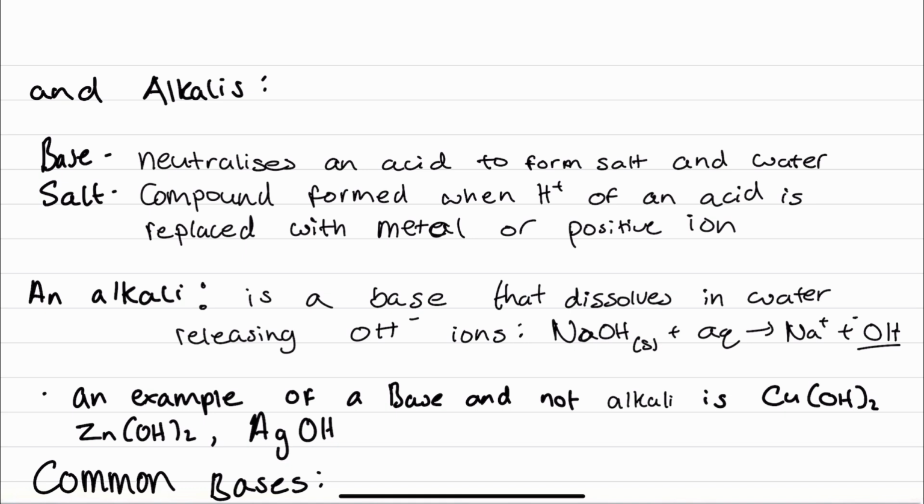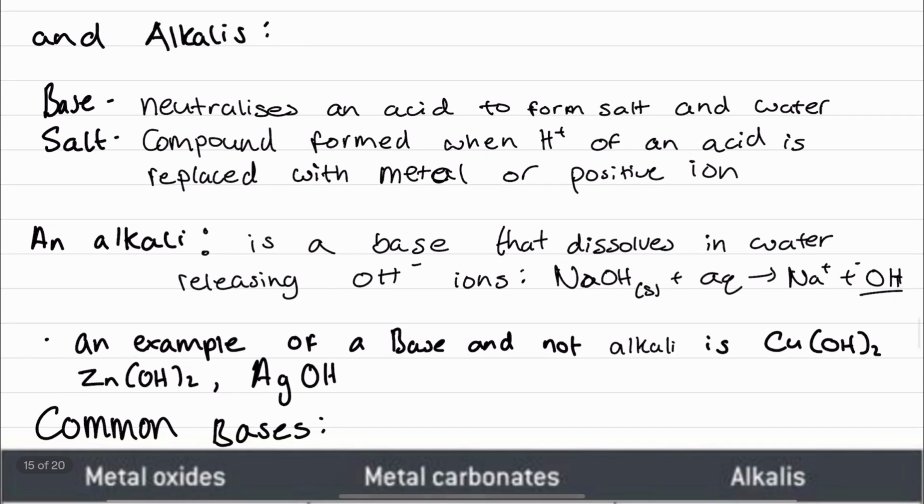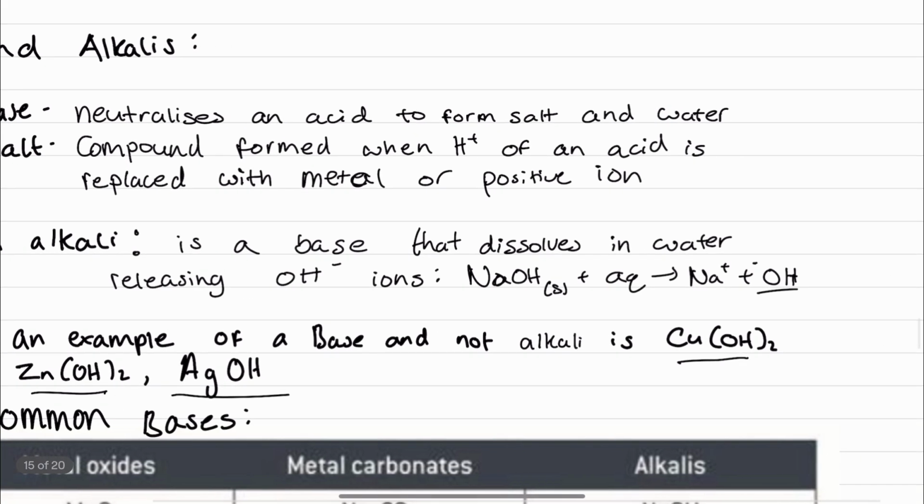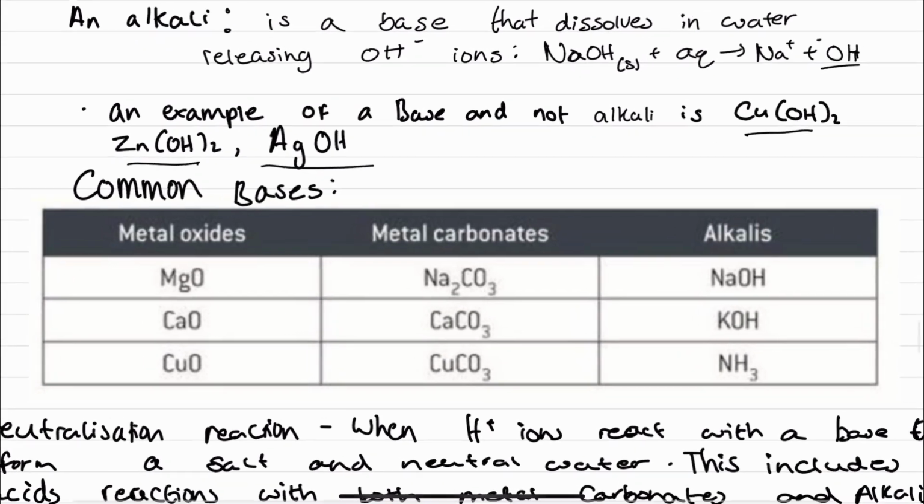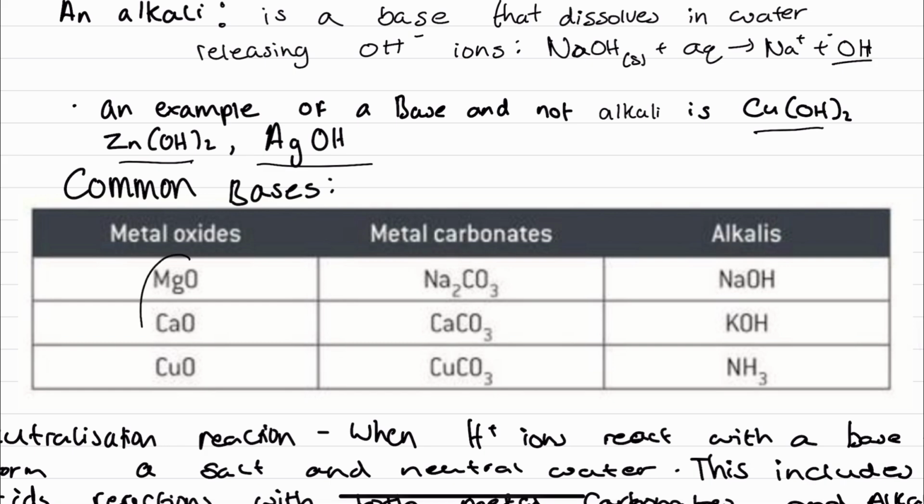So as you can see, as opposed to an acid, which would have H plus, sodium hydroxide releases OH minus, which makes it an alkali. An example of a base that's not an alkali is copper hydroxide, zinc hydroxide, and silver hydroxide. Common bases that you must be aware of are as follows: metal oxides, metal carbonates, and alkalis.